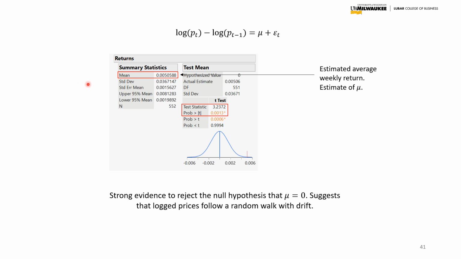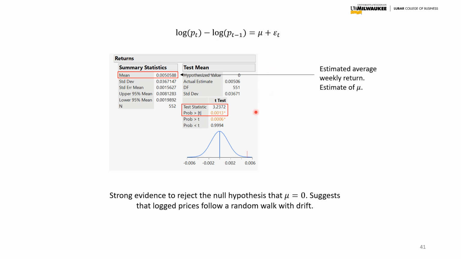Here we find the average changes in log prices has a value of 0.0050588. Now, remember the changes are returns, so this would be the estimated average weekly return. It's the estimate of mu.